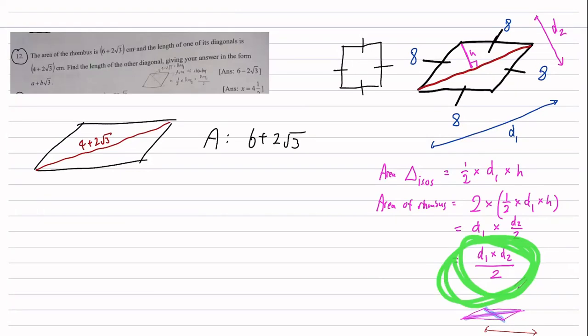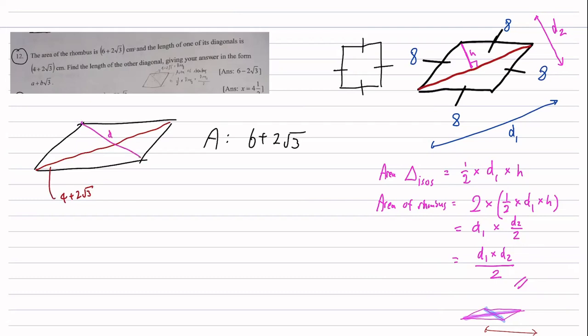Make sense? Okay. We're going to label the other diagonal as D. So that means that how would you form an equation? What is equal to 6 plus 2 root 3? How do you use this formula?